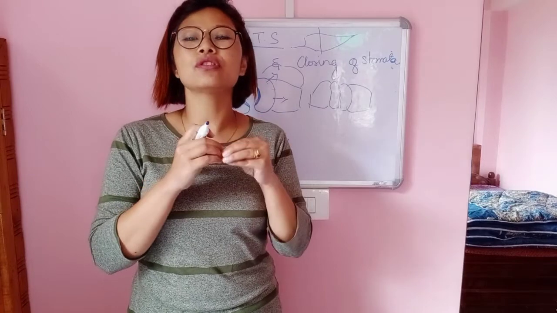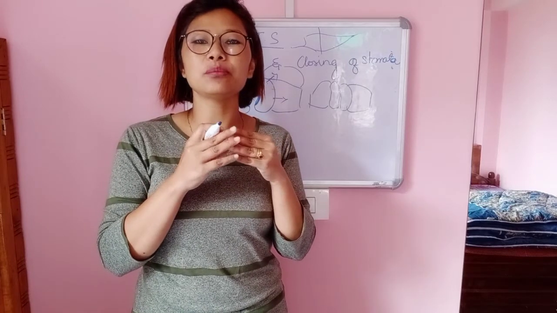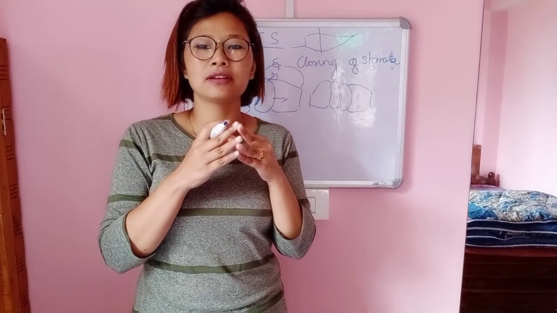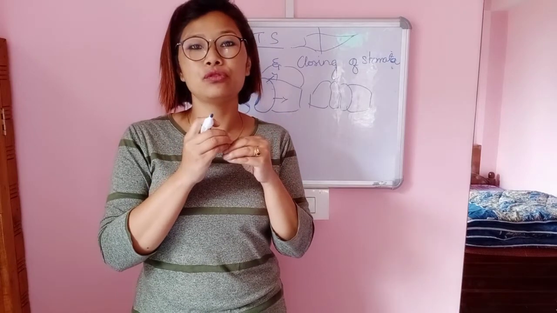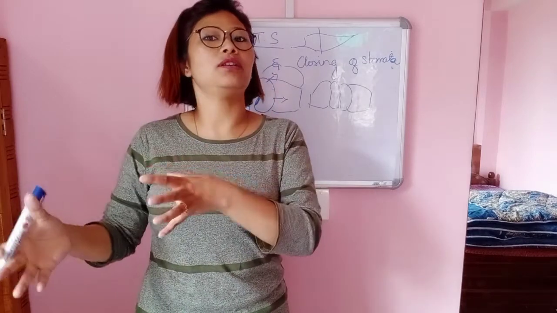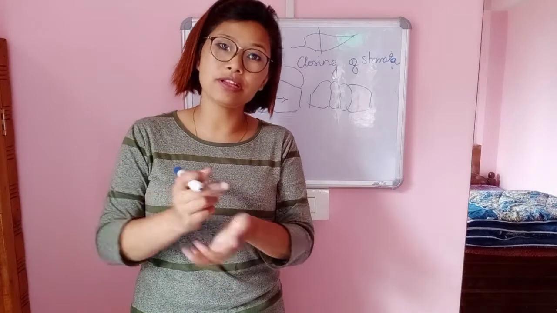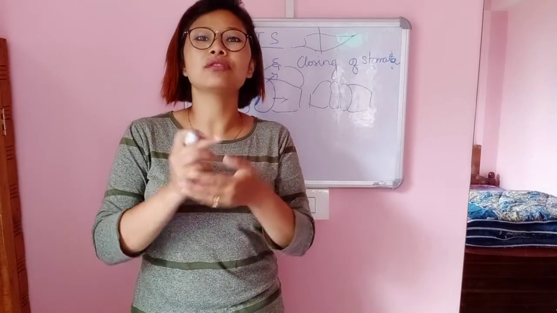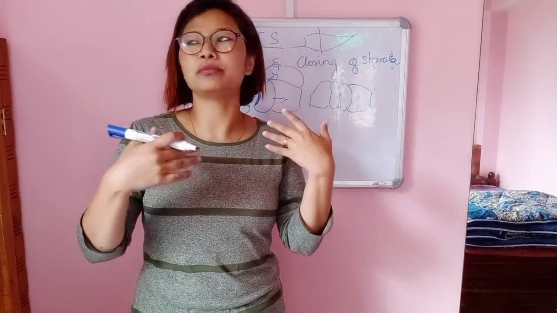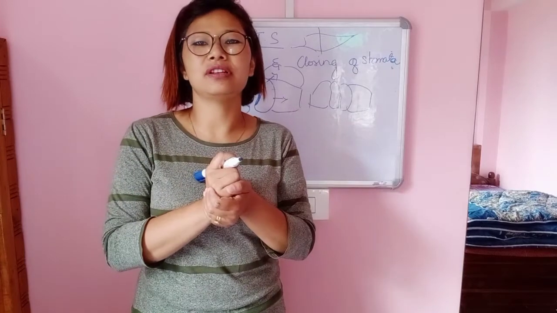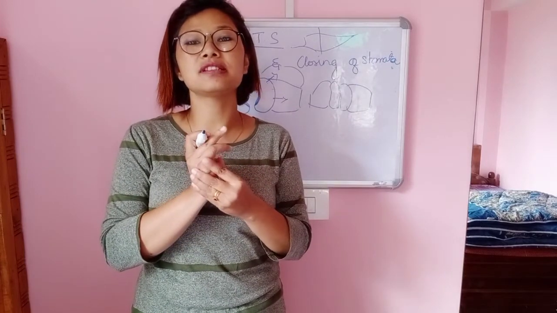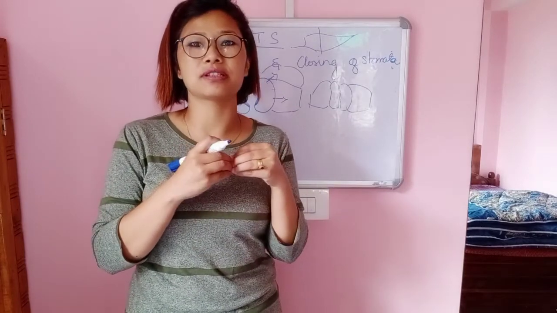Photosynthesis is very important in plants. Plants make their food, and because of that, all the other organisms get food in the world. Without photosynthesis, imagine there would not have been any life in this world. So photosynthesis is a very important process.